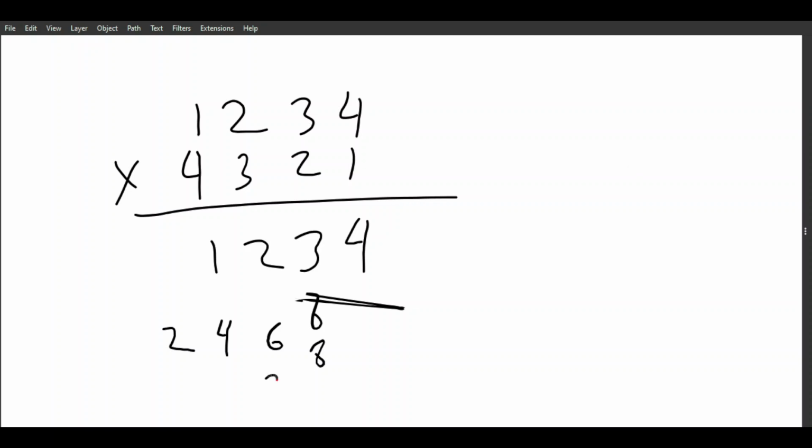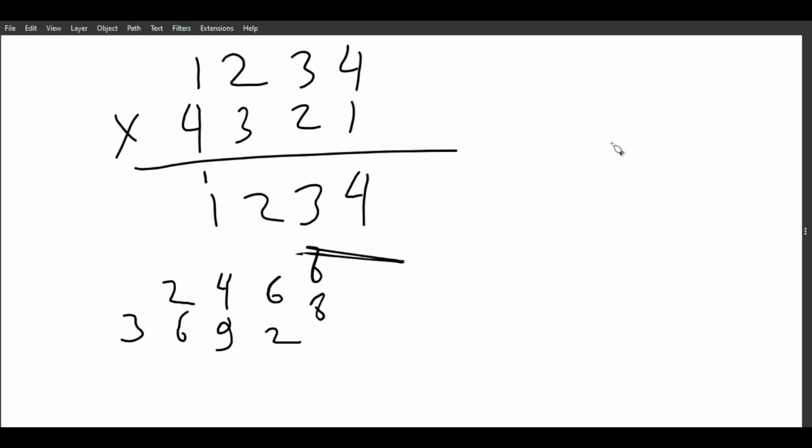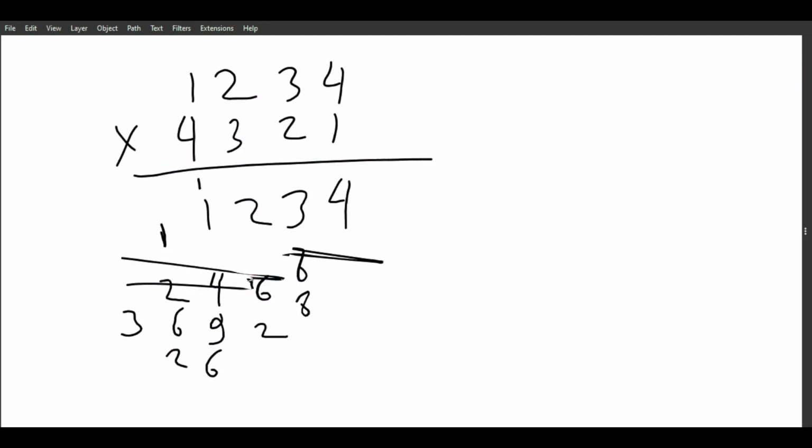Again we shift, write 2 here, and 1 is the carry. 3 multiplied by 3 is 9, 3 multiplied by 2 is 6, 3 multiplied by 1 is 3. Next is 4. 4 multiplied by 4 is 16. Again we shift, 1 is the carry. Then 4 multiplied by 3 is 12, 1 is the carry. 4 is multiplied by 2, and by 1.